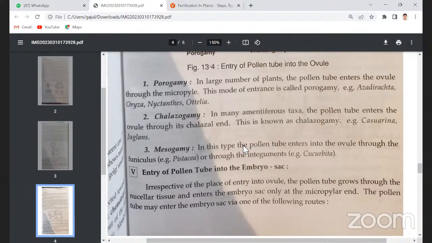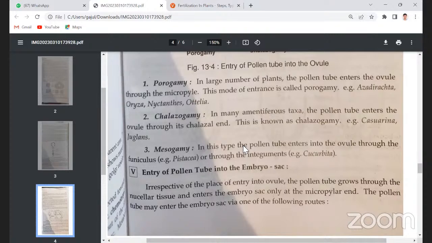Next one is chalazogamy. In many casuarinaceous taxa, the pollen tube enters the ovule through the chalazal end. This is known as chalazogamy. Example is Casuarina, Juglans.